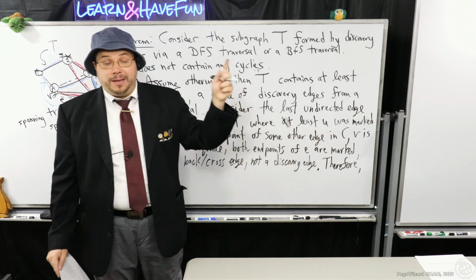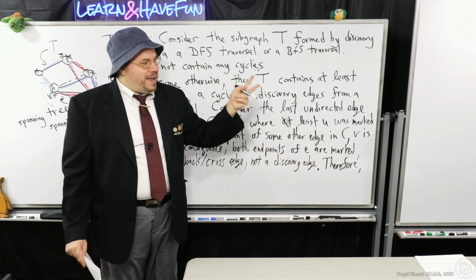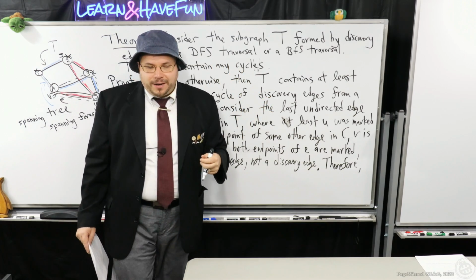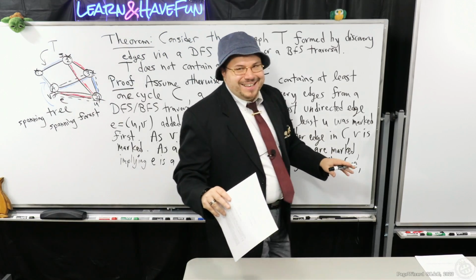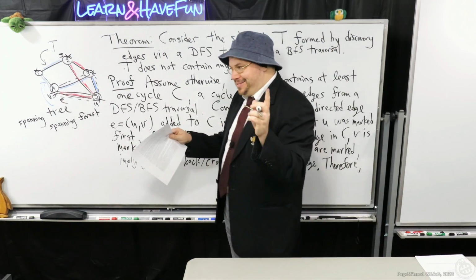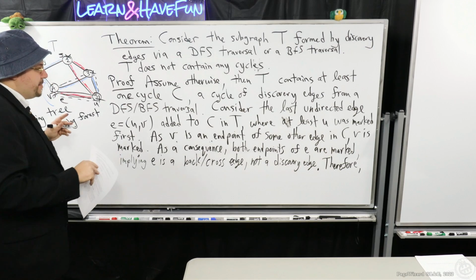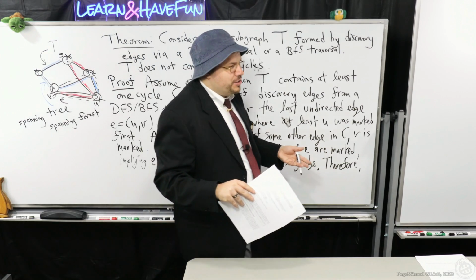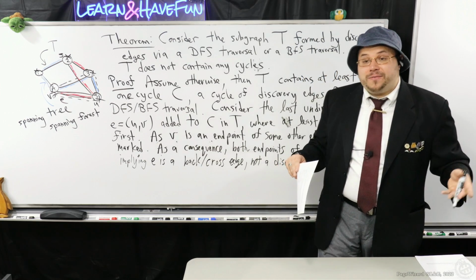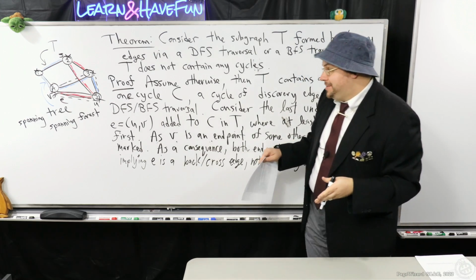In BFS, we label discovery or forward edges and cross edges, right? So notice there's no other options. That's a very important thing, and it's so important I'm going to put it down here, because I must stress that depending on what kind of graph you're playing around with, like right now we're talking about undirected graphs, if we're talking about a different kind of graph, we would need a stronger statement here.